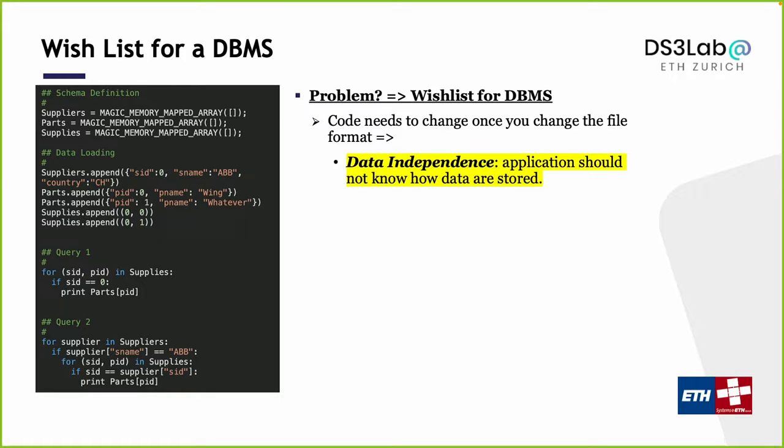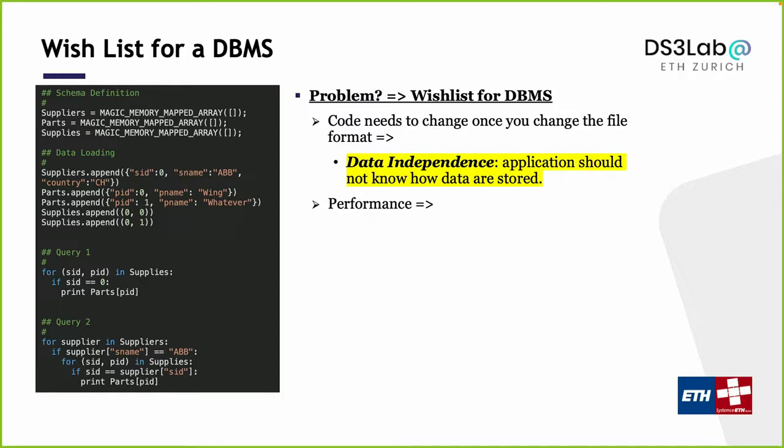Which means that your application, which is asking queries, shouldn't have any information about how the data are being stored. Because you don't have that piece of information, the moment you change your data format, your application does not need to change. This is one property that we want. We are going to work really hard to make that happen, as you will see.